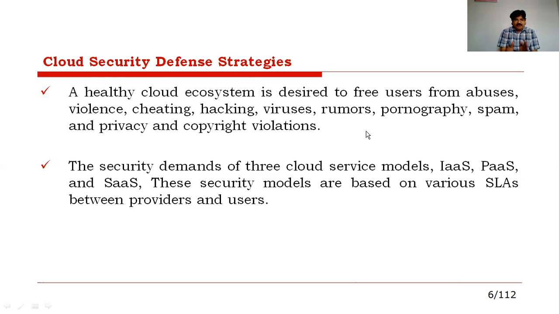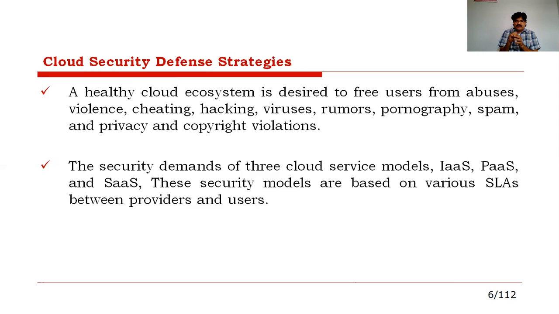If we want to construct a healthy cloud ecosystem for a cloud security defense strategy, we always need to depend on providing security to the cloud. The security demand of the cloud will be mainly based on three models: IaaS, PaaS, and SaaS, providing security to the infrastructure cloud model, the platform cloud model, and the software cloud models.